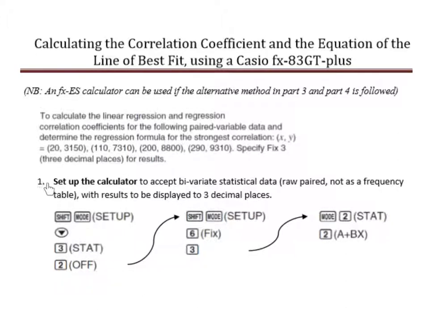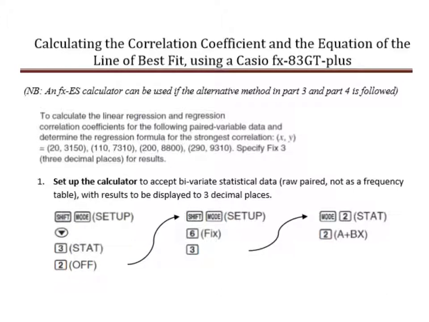Step 1, set up the calculator to accept bivariate statistical data, which is raw paired, not as a frequency table, with results to be displayed to 3 decimal places. So we press Shift Mode Setup, the arrow down, then press 3, which represents stats, and 2 for off.